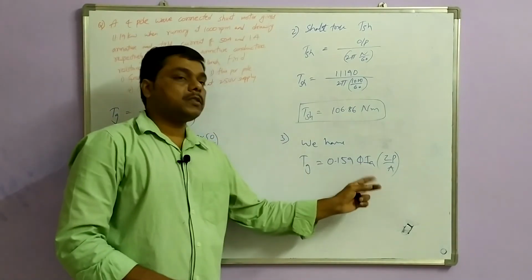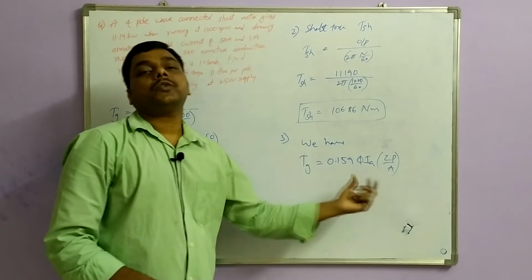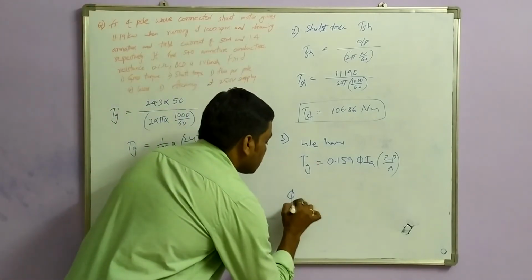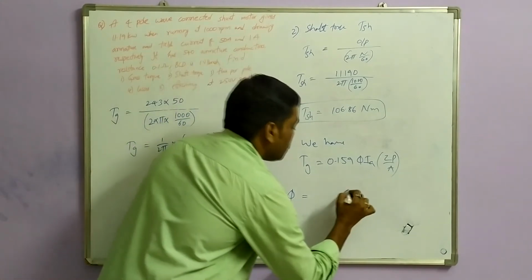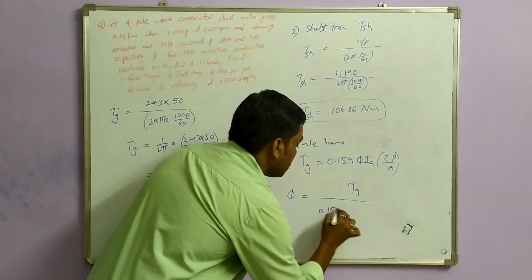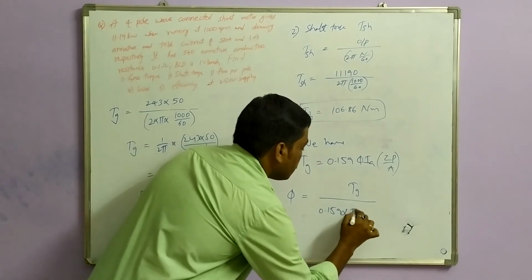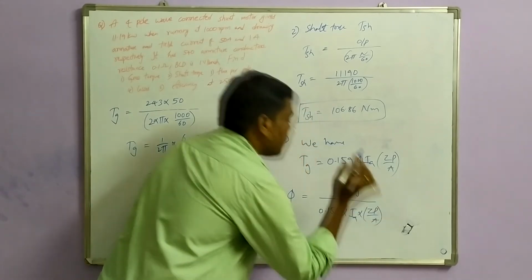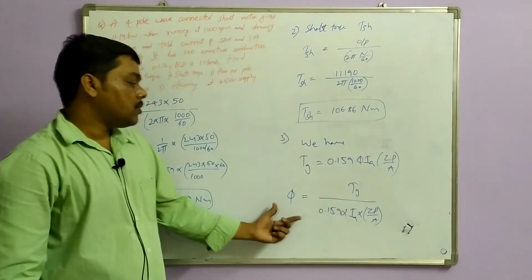Otherwise you take flux into the left hand side, all the terms into the right hand side. So flux is equal to Tg by 0.159 into Ia into ZP by A. Now this is the formula for flux.